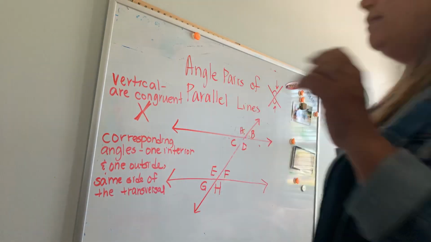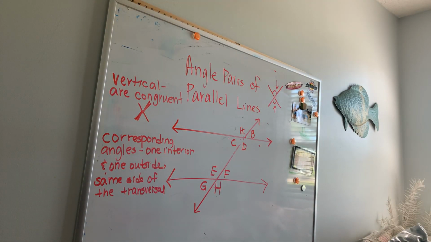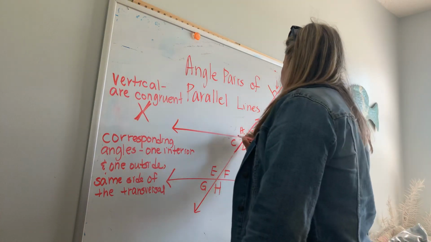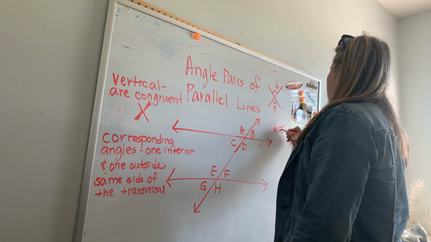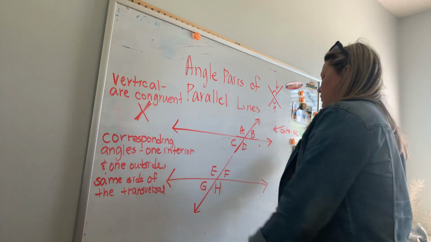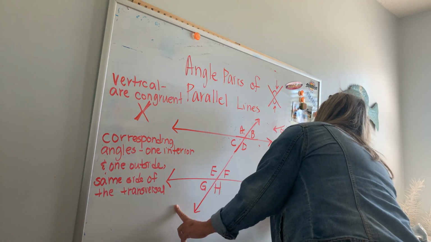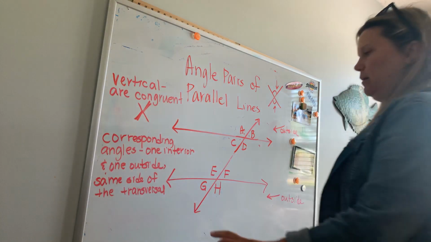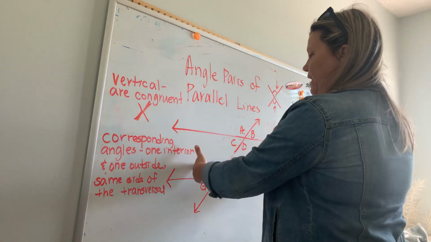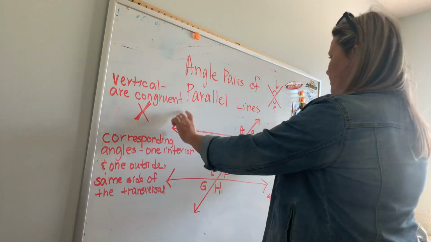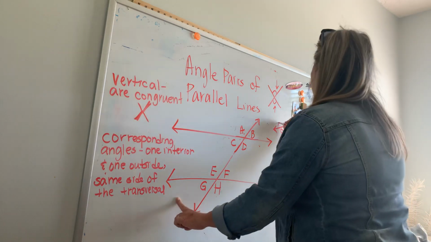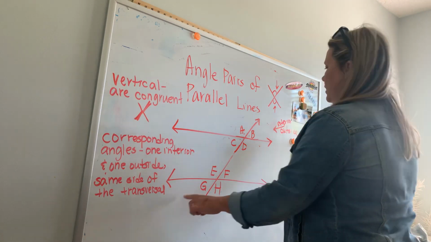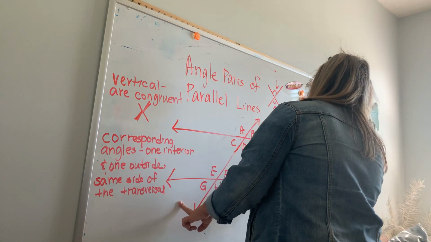So that means that we have one inside and one outside angle. Let's talk about what I mean by inside and outside. These A and B are outside the parallel lines. G and H are outside the parallel lines. So interior means they're on the inside of the parallel lines. Exterior means they are on the outside. So exterior and outside are the same. And interior are the ones inside.